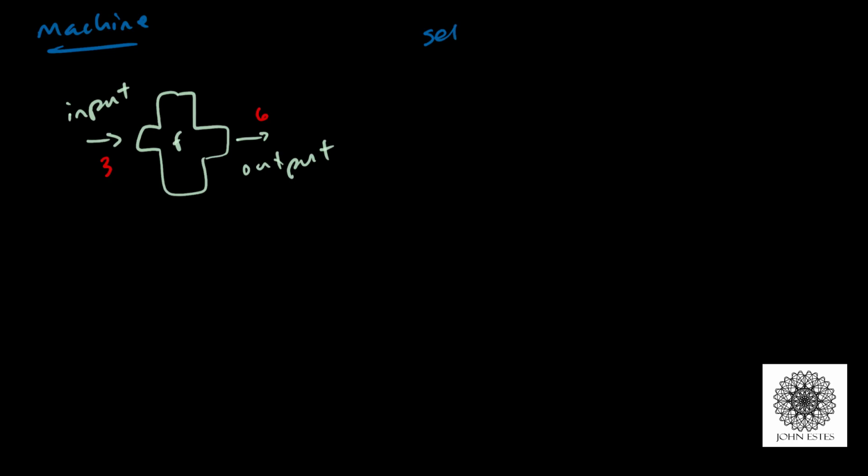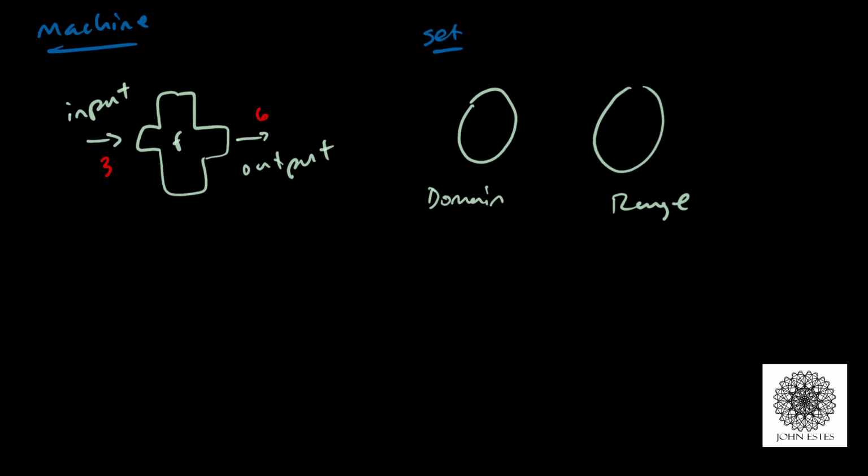The set idea helps you visualize it a little better. The idea here is that you have two sets. One set is your domain, that's your starting point, and your second set is your range. The function maps, for example, 3 over into the range to the value 6.